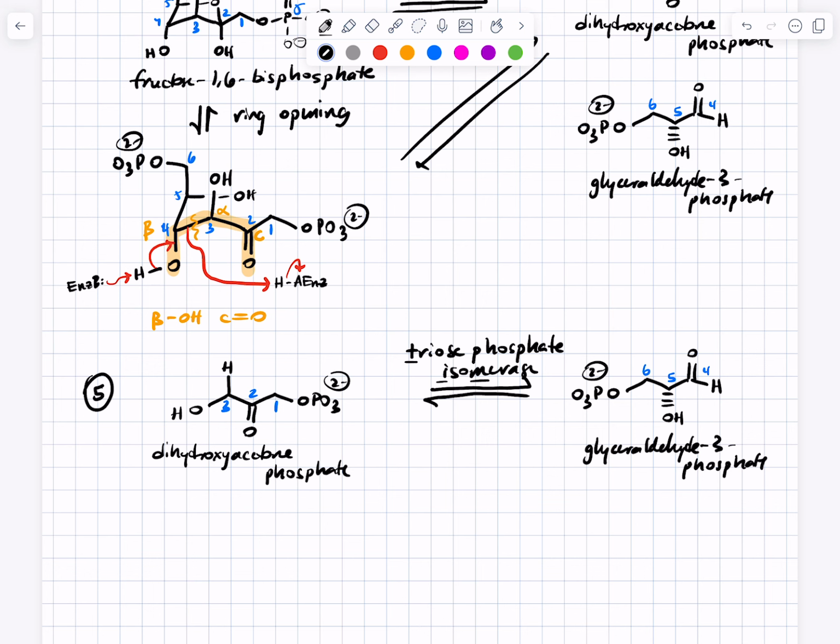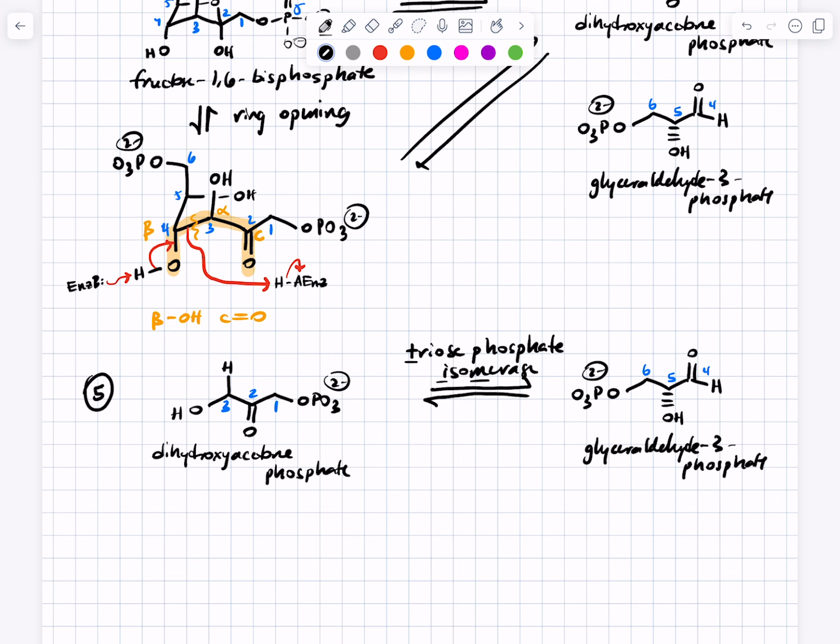So TIM is one of the most efficient enzymes ever. People call it a perfect enzyme. If you look at its kinetics, it's so fast that it's almost diffusion limited. What that means, you'll learn about in biochemistry, but it takes molecules a while to bump around in water and find each other. The fastest enzyme is limited by the fact that you still have to wait for molecules to diffuse in water.